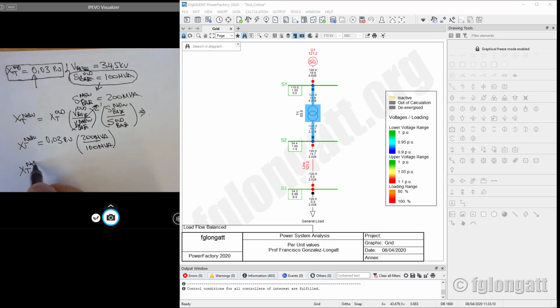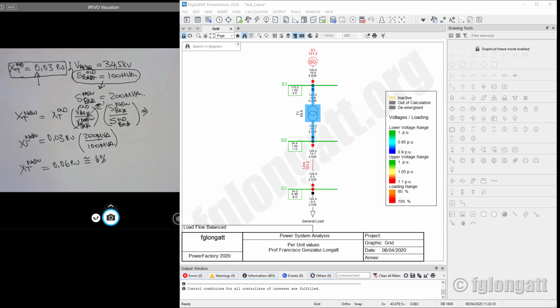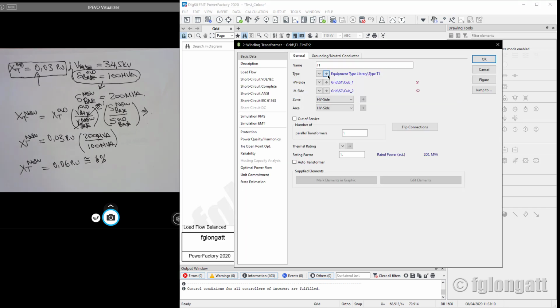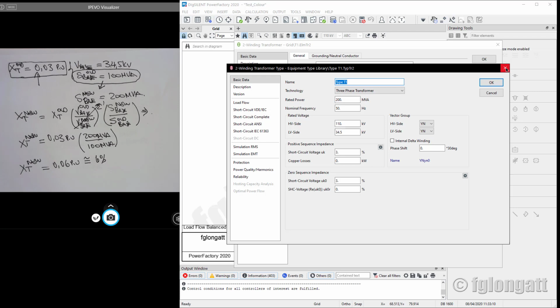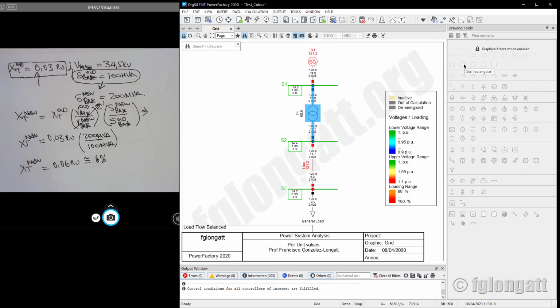As a consequence, the new reactance should be 0.06 per unit, that is equivalent to 6%. What I'm telling you is, if you decide to change the rated power of your transformer, you must understand that there are implications for the numerical calculations.